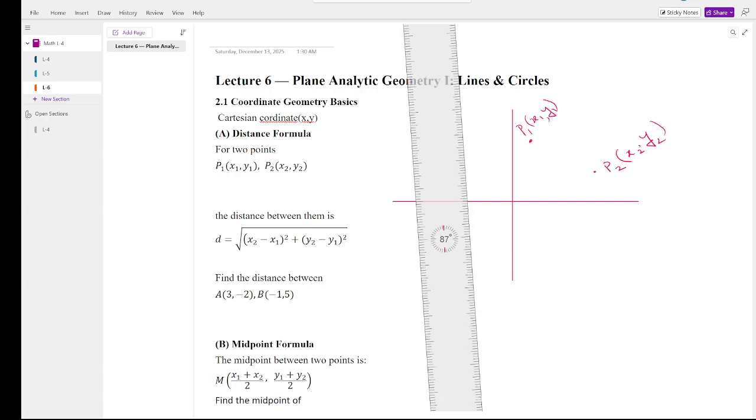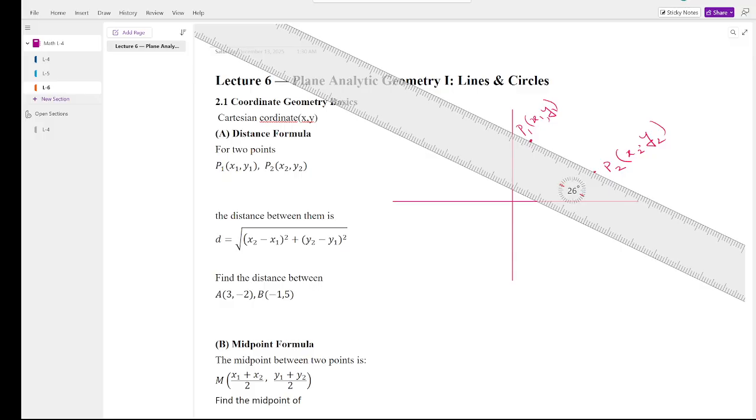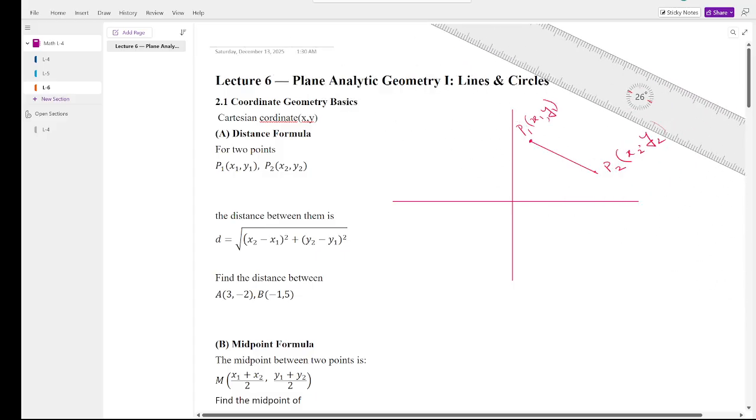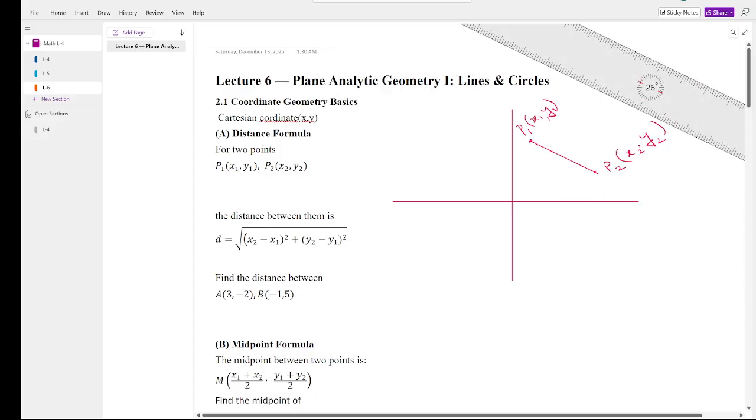So what is the distance from P1 to P2? The distance between them is d equal to the square root of (x2 minus x1) whole square plus (y2 minus y1) whole square.